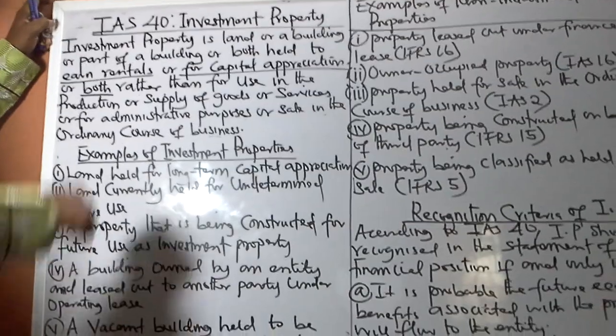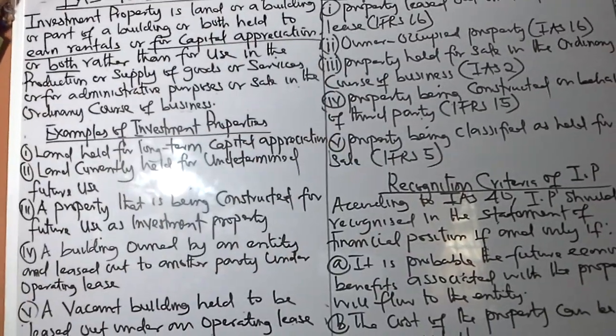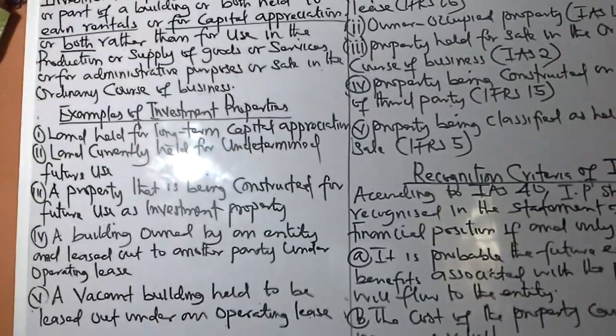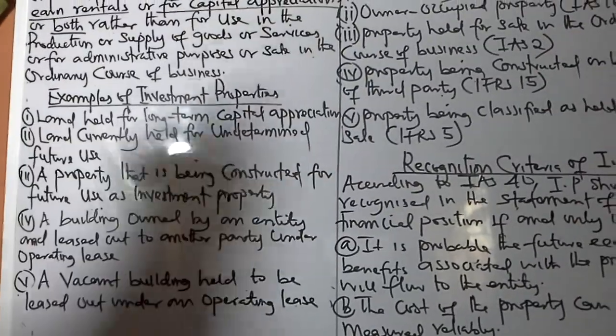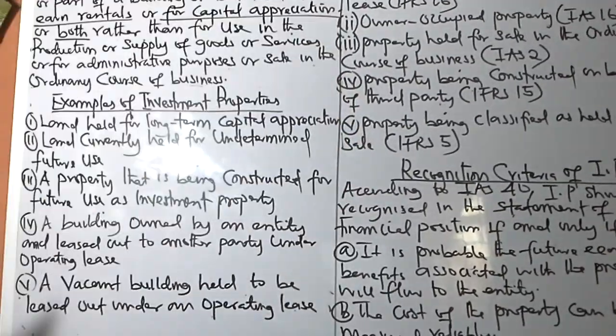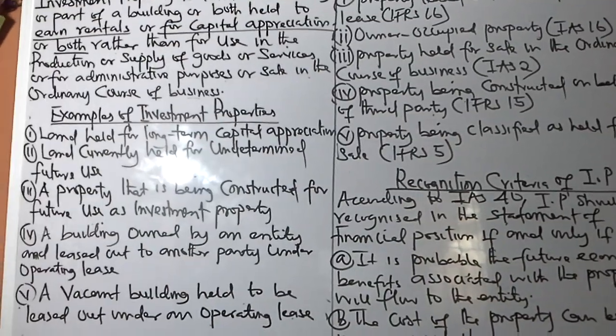Two, land currently held for undetermined future use. Now, this is very common in the question, but students are confused. Now, when you have a piece of land whose future use is not determined, IAS 40 says it should be what?